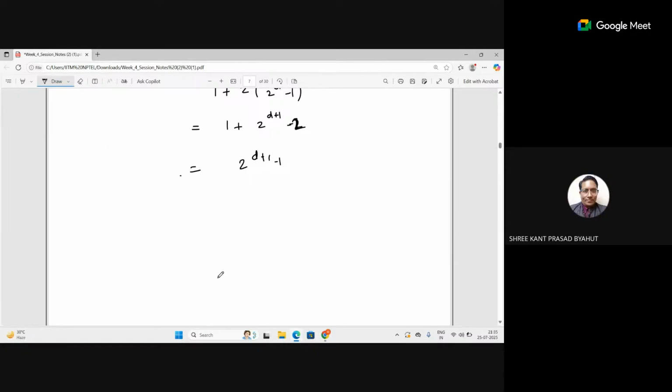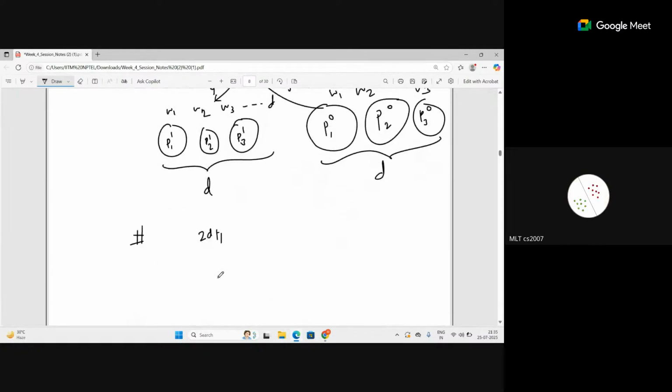Previously it was 2 to the power D minus 1, plus 1. So now we have significantly reduced the number of parameters to be estimated. Now it is 2D plus 1.